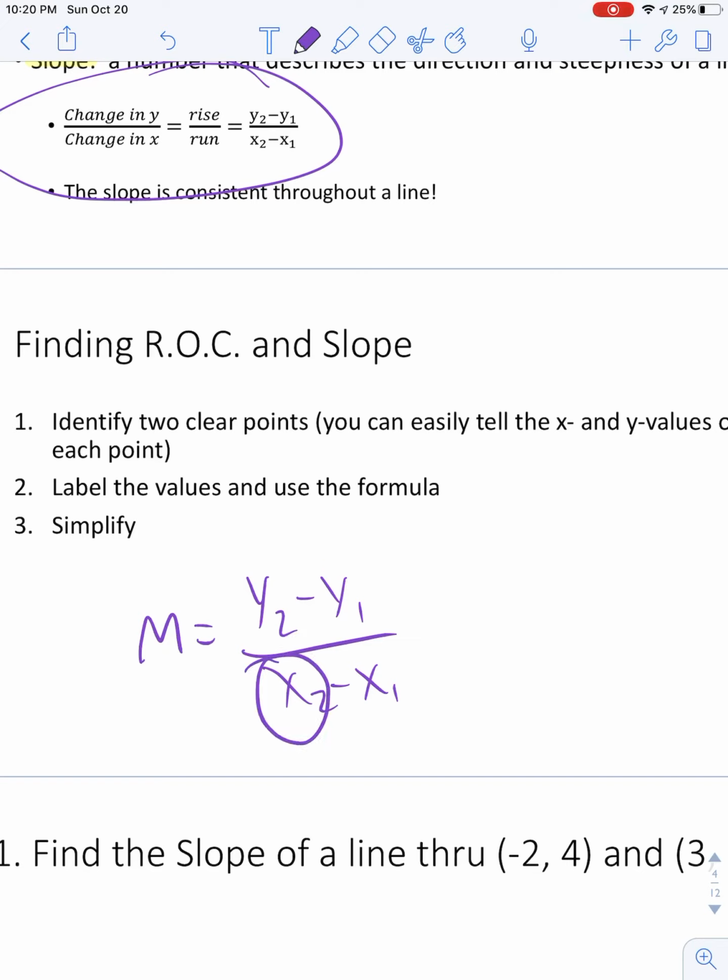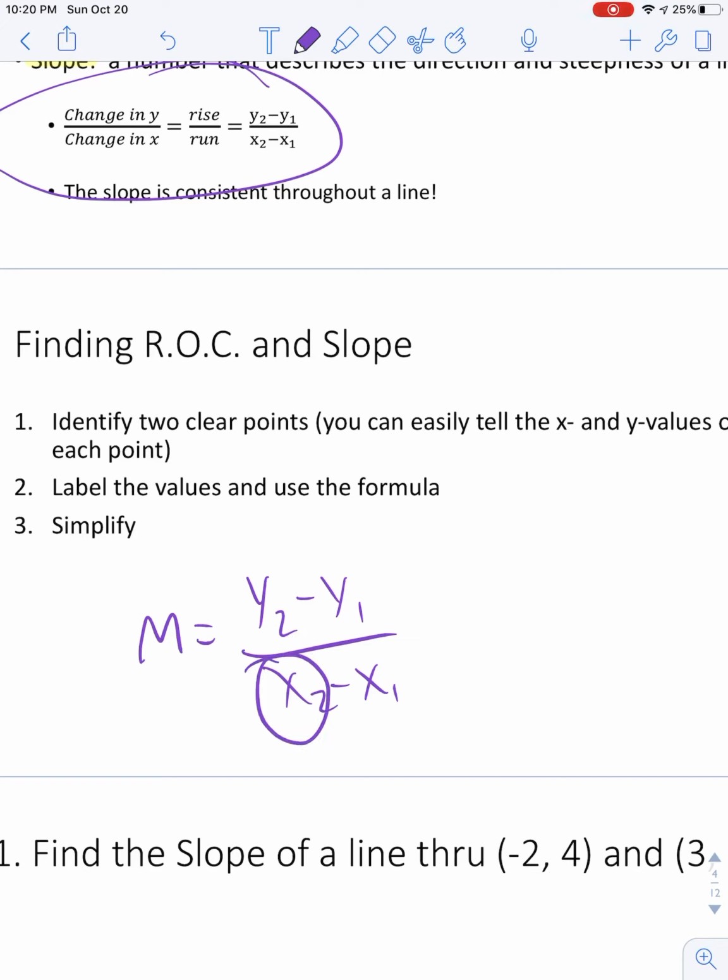So let's go into number 1 here. We're going to find the slope between -2, 4 and 3, 7. I'm going to call this x1, y1 because it's my first point, so that's my first x and my first y. And I'm going to call this one x2, y2, my second x and my second y. Well, the slope formula says y2 minus y1 over x2 minus x1. Our second y is 7.